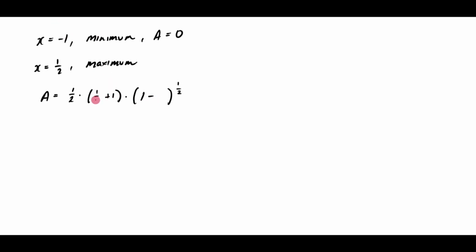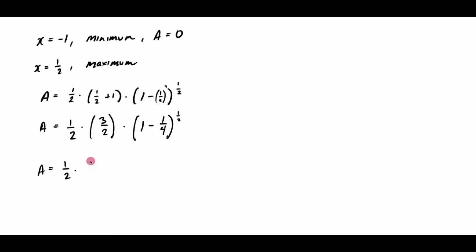So this is going to be 1/2, and this is going to be 1/2, and this was also squared as well. So what my answer is going to be is 1/2. This is going to be 3/2. This is going to be 1 minus 1/4, to the 1/2. Let's keep on going. My area is going to be 1/2 times 3/2 times, this is going to be the square root of 3/4.